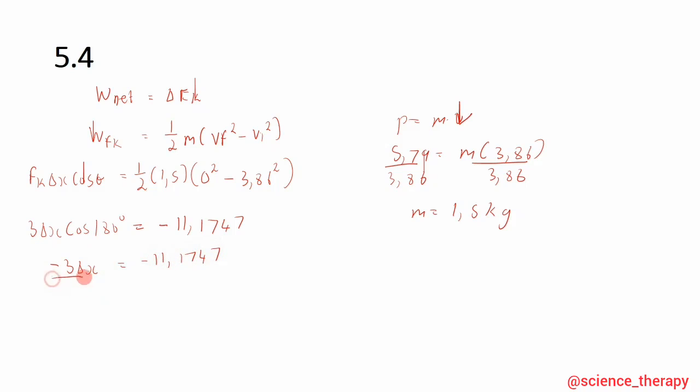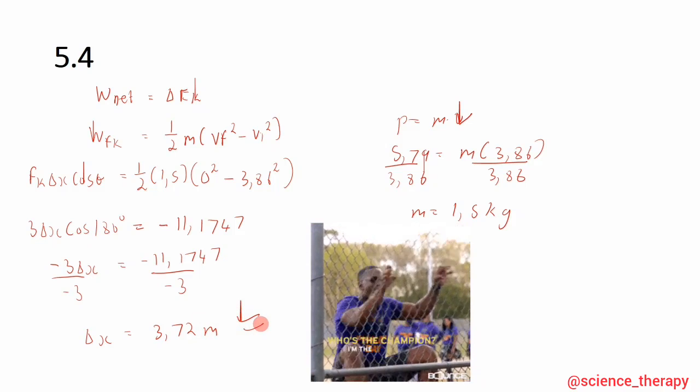Then we can just divide both sides by negative 3, and then we have our delta x is equals to 3.72 meters. Awesome. That's how we have it.